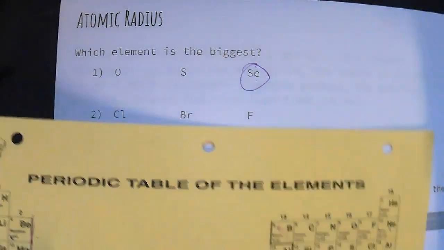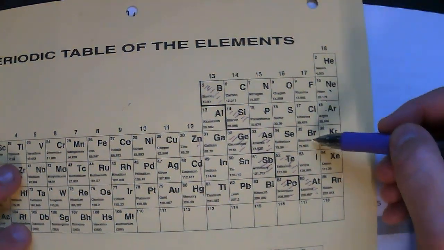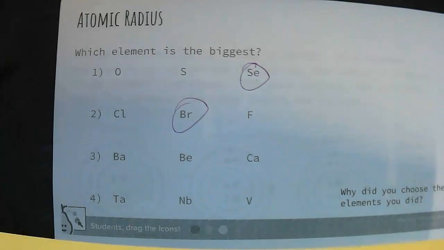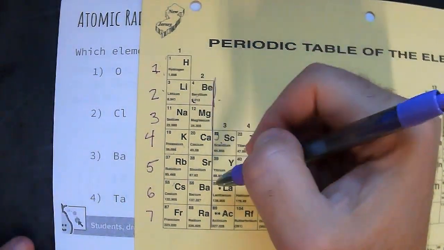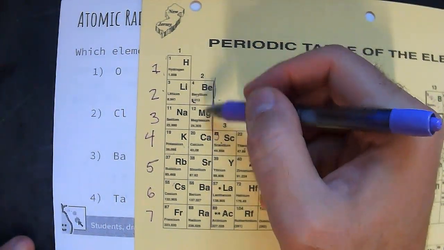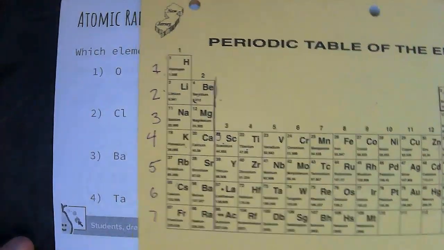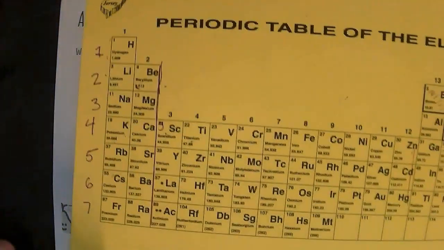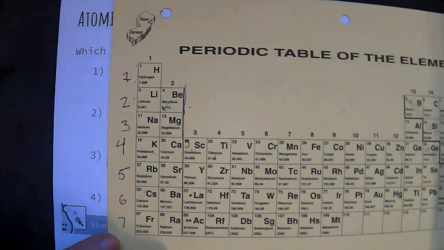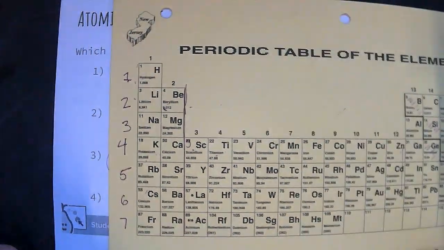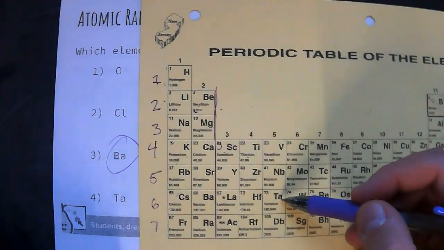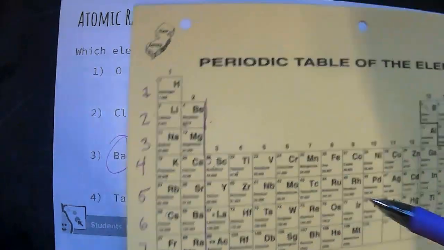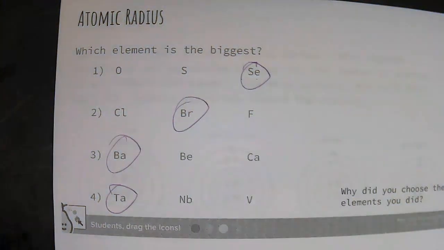Then Cl, Br, F: Br is the biggest. Then Ba, Be, Ca, so that's group 2, so that's Ba. And Ta, Nb, and V: tantalum, niobium, vanadium. Tantalum, again, is the biggest.